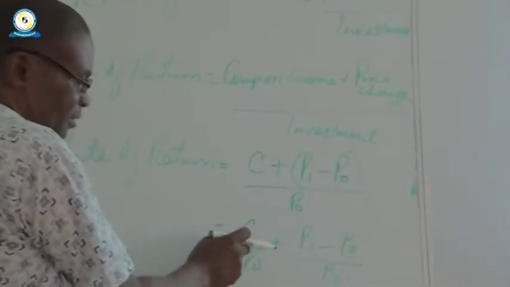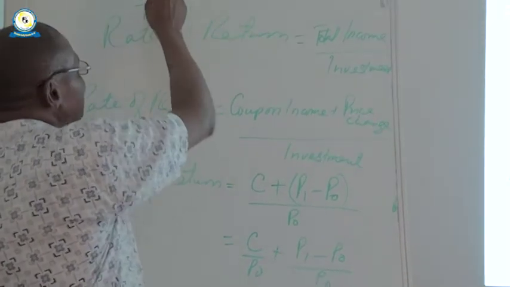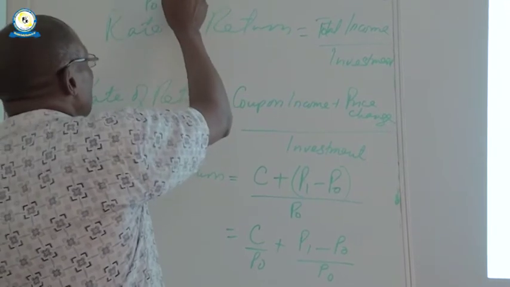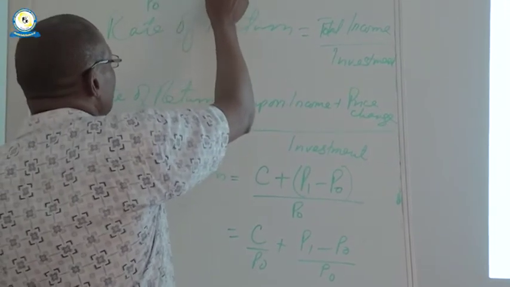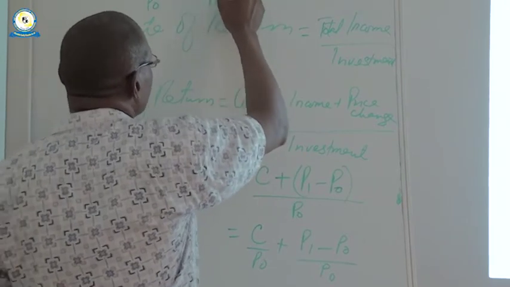This C over P0 is what we call current yield. And this one, P1 minus P0, when you divide it by P0, we call this capital gain.